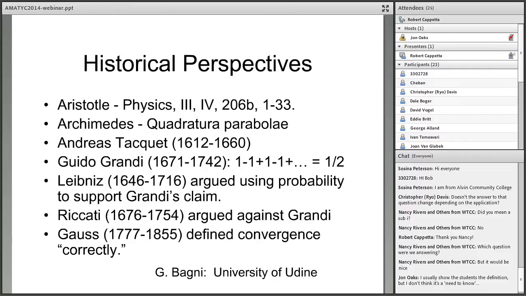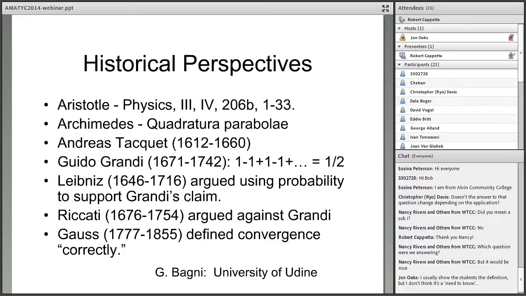Leibniz gave a more precise notion a few years later, as did Riccati. But it took Gauss, frankly, and Gauss is perceived as a modern mathematician, to finally define convergence correctly. And in mathematics education, we recognize that the historical development of mathematical concepts is often reflected in the challenges that students have.